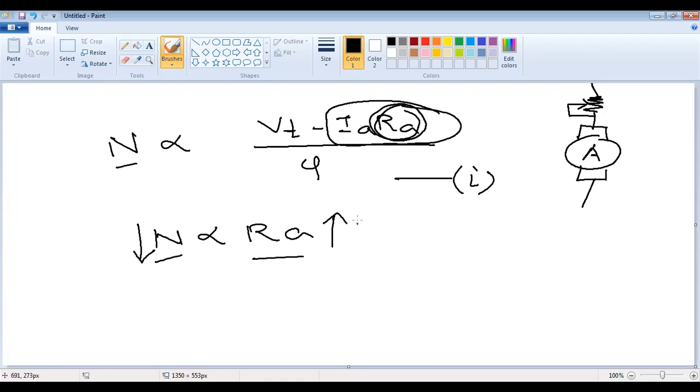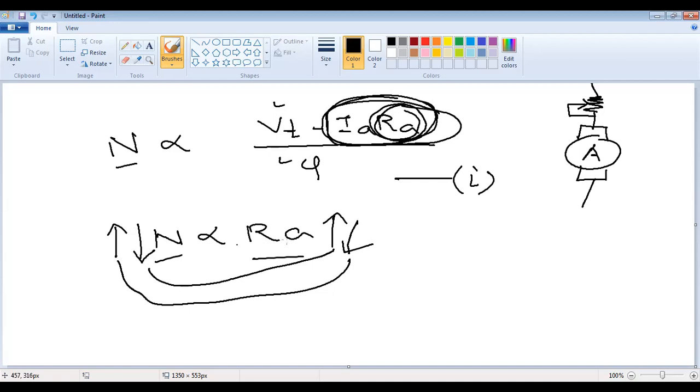If we decrease the resistance, then the value of (Vt minus Ia Ra) by phi will be greater, so the speed of the motor is increasing. It is vice versa. If we increase the resistance, from equation 1 the speed of the motor automatically decreases, right?